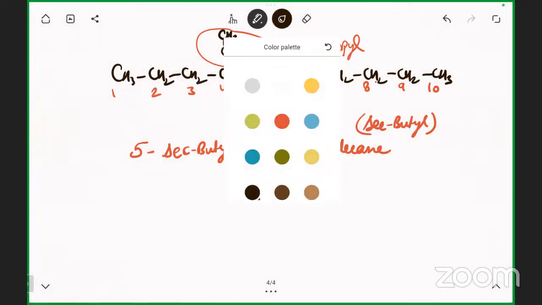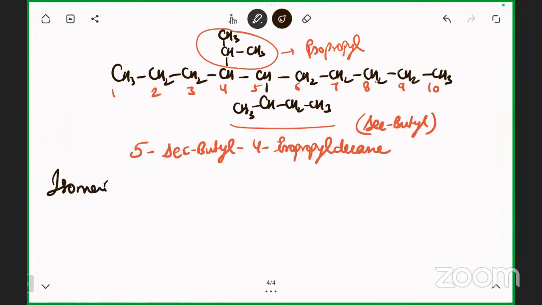If I talk about isomerism, because we have discussed most of the portion of this chapter earlier also, I don't think we have to repeat it again and again. So we are doing a sort of revision. In alkanes, I'm making the structure.